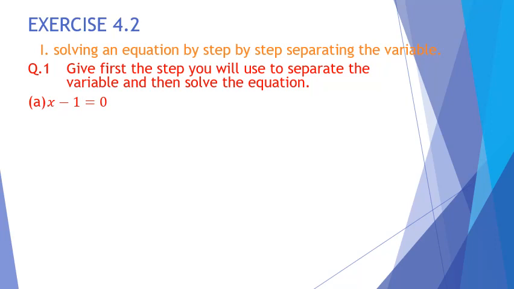We have to find the solution of the equation by separating the variable step by step. So, here along with the variable x, 1 is there. 1 is subtracted from x. So, to remove the numeral 1, we have to add 1 on LHS.